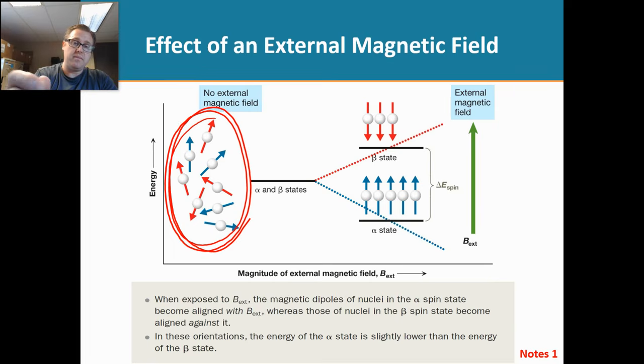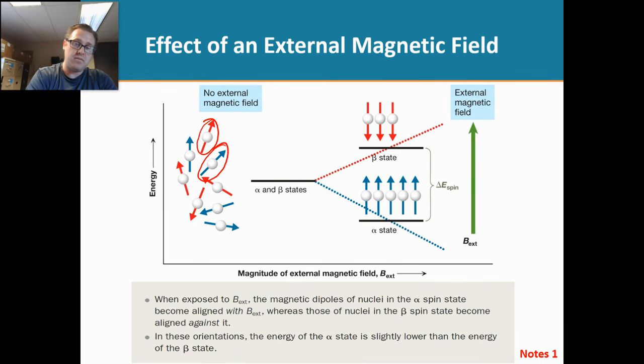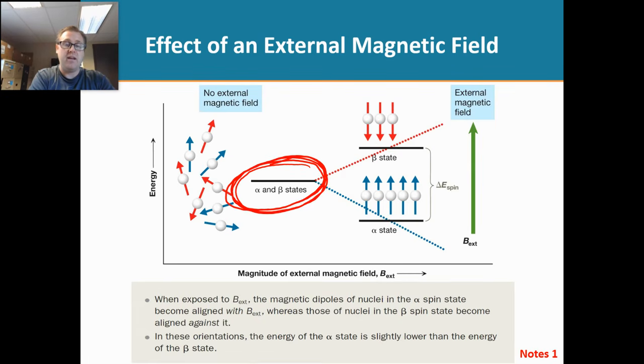Each one of these arrows represents nuclei. You can see the blue ones are in the alpha state, and then the red ones are in the beta state. But the energy of those two are represented with this line right here, and they are the same energy.